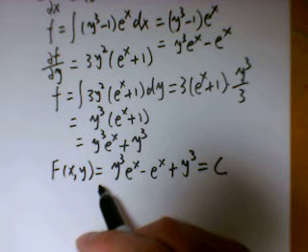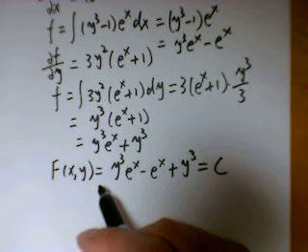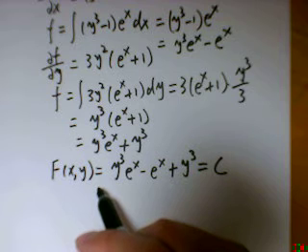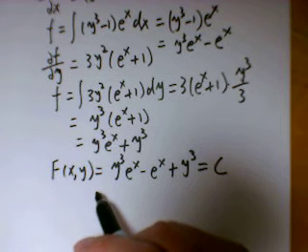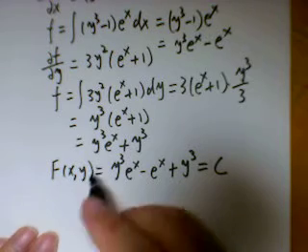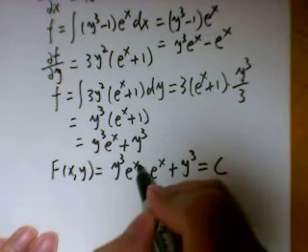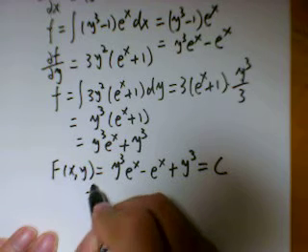Okay, now we're gonna plug in the initial conditions. For this problem, we know the initial condition is y(0) equals 2. So that means when x equals 0, y equals 2. So let's plug in the initial condition. When x equals 0, y equals 2.